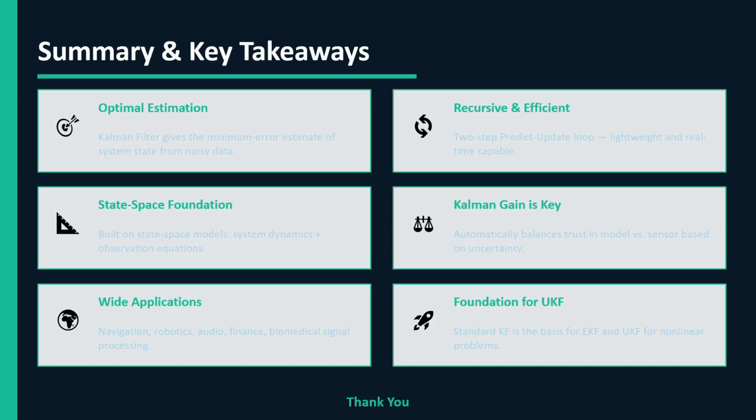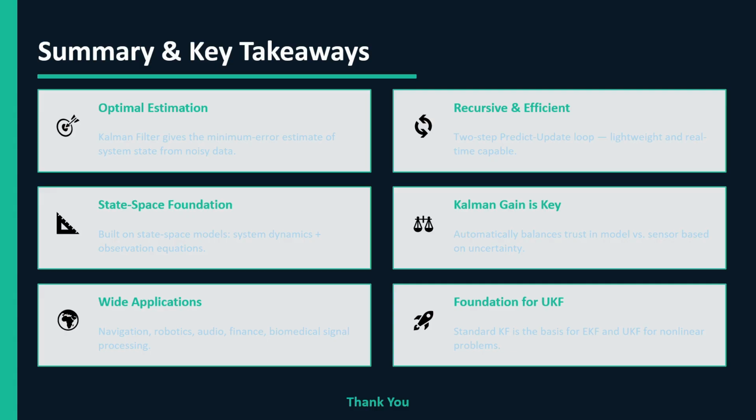And now, summary and takeaways. Let's wrap up our lecture with a summary. The Kalman filter is an optimal recursive state estimator that gives the best possible estimate from noisy measurements. Its predict-update cycle is elegant and computationally efficient, making it ideal for real-time DSP applications.